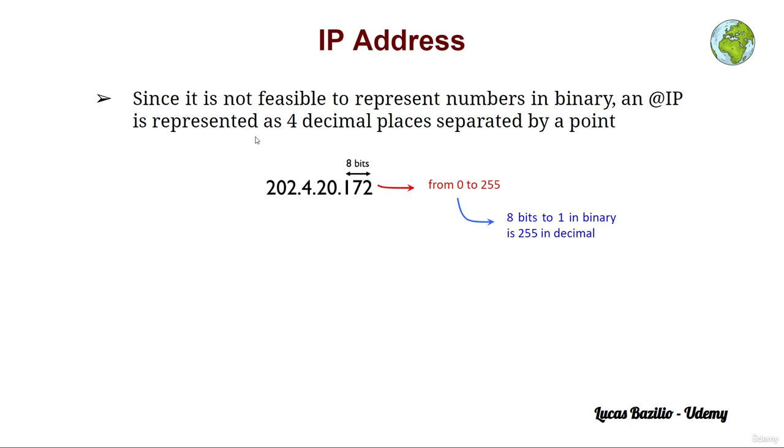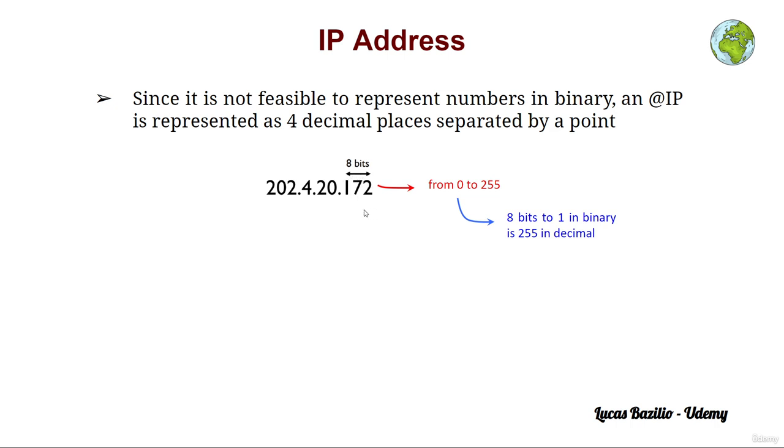As we've said, since it is not feasible and also not important to represent IP addresses in a way that is not readable, we will always represent IP addresses in a very readable format. So here we will always use the decimal representation instead of the binary representation. As we can see, this first value here, decimal value 872, is a number in decimal that we can represent with 8 bits.